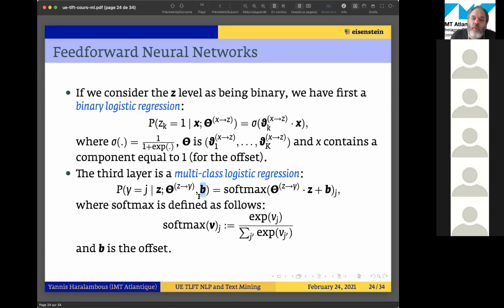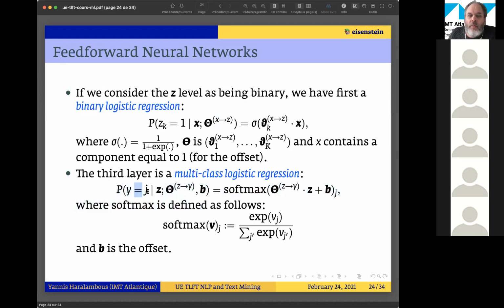Okay, so this is common practice in neural networks to have all of your neurons obtained from data plus an additional one to obtain the bias, an additional one on each level. This is the first level. It goes from X input to Z intermediate, and this is the next level, from Z to Y. And the model is again a conditional model.